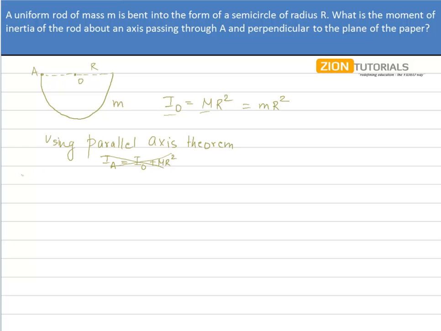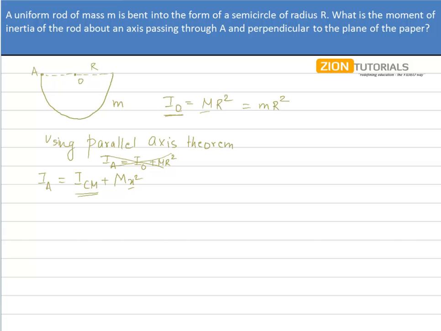This is not the correct equation, because the parallel axis theorem says that the moment of inertia about any axis is given by the moment of inertia about the center of mass plus mx square, where x is the distance between the axis and the center of mass. Here we need I center of mass, but I naught is not the center of mass.